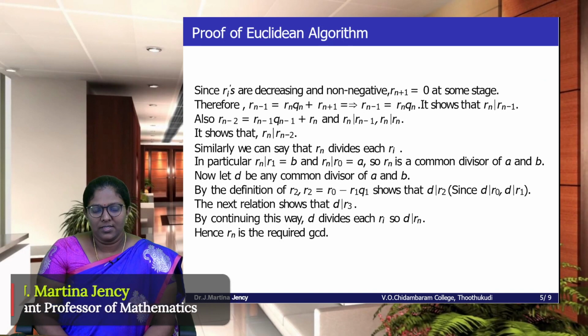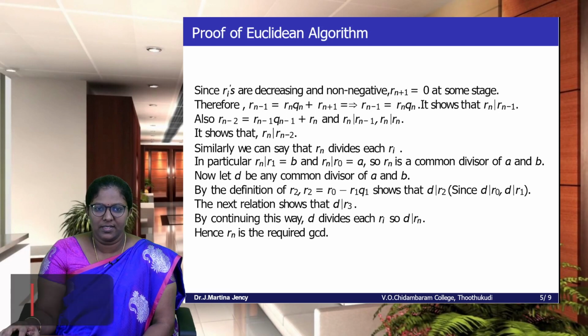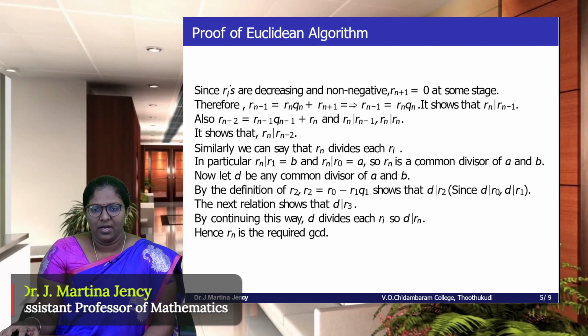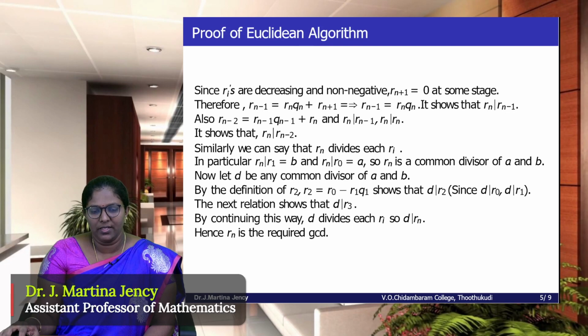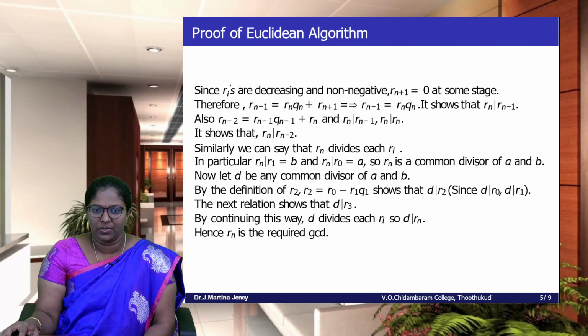Here it is clear that each ri is a remainder, and since the ri's are decreasing and non-negative, r(n+1) is equal to 0 at some stage. So the last relation, r(n-1) equals rn qn plus r(n+1), implies that r(n-1) equals rn qn, since r(n+1) equals 0. This relation shows that rn divides r(n-1).